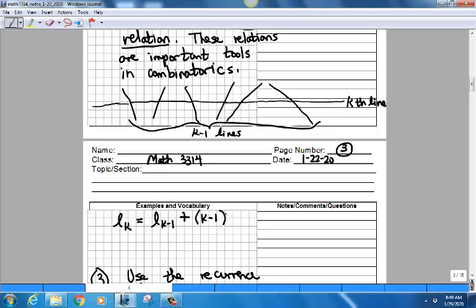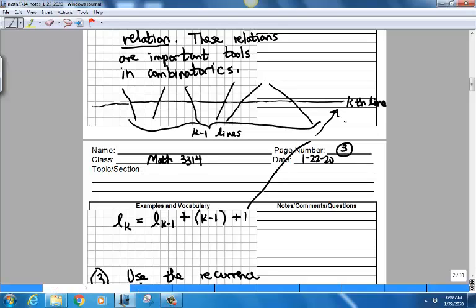Does that make sense? Are y'all following me? No? Okay. So remember, this is the number of regions. The number of regions when I draw the kth line is the same as the number of regions when I had the previous k minus 1 lines, plus k minus 1, because that's the number of old regions that get cut in two, plus one additional one, this one over here on the far right that gets created.